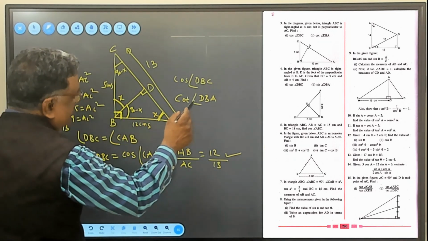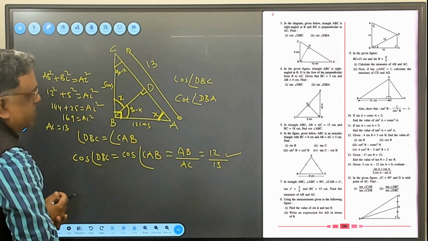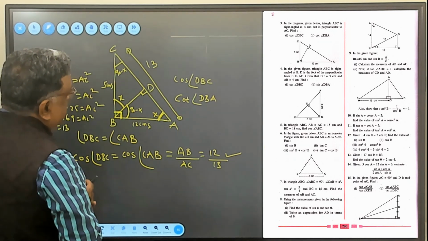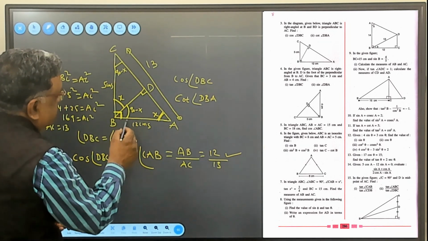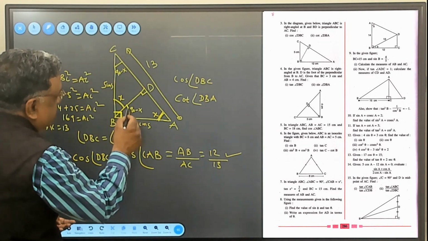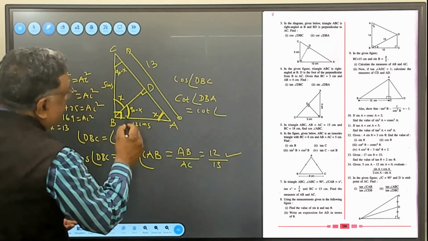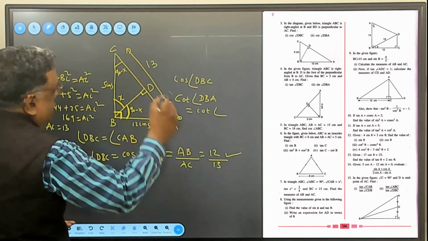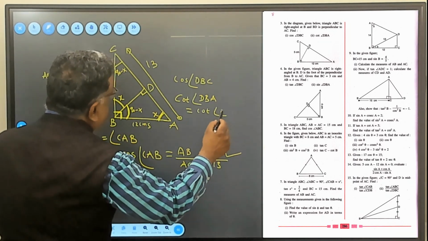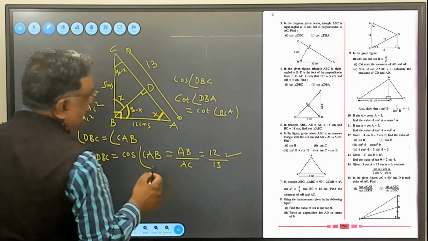Now we have to find cot DBA. So cot DBA, which means cot of 90 minus x, DBA is 90 minus x. So this angle is equal to this angle. So it is the same as finding cot of BCA, because both these angles are the same.